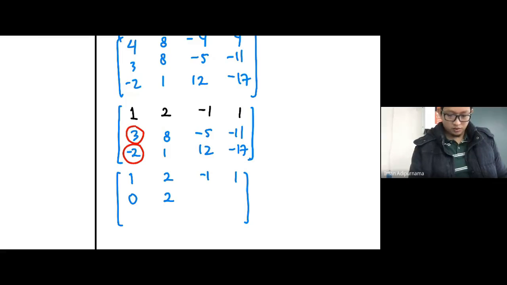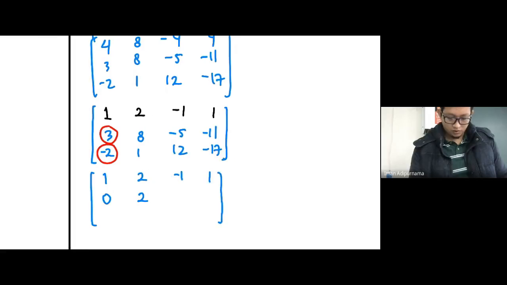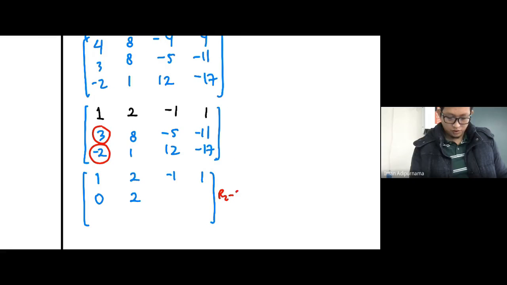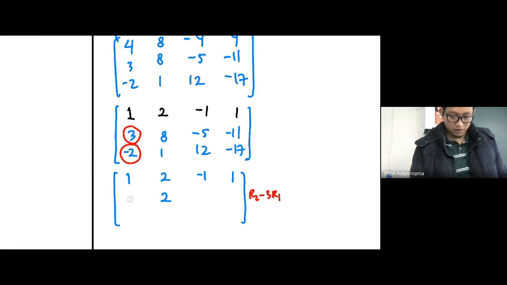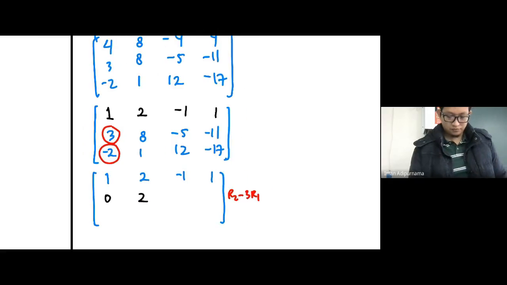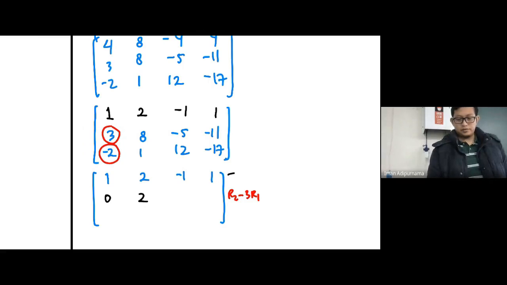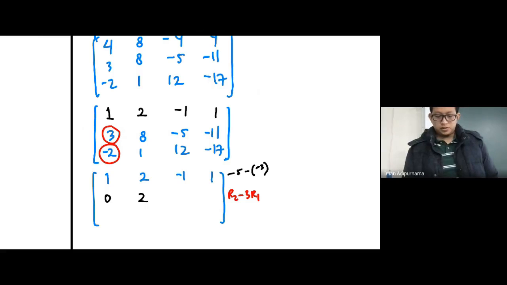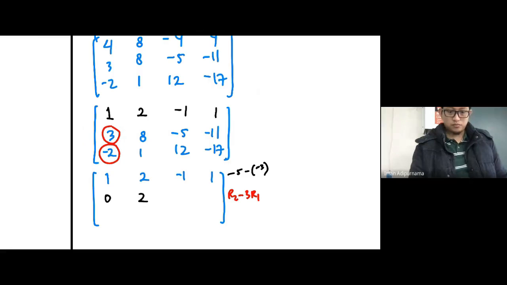So this is row 2 minus 3 row 1. Let me write in the black color. So 0, 2, negative 5 minus... 5 plus 3 is negative 2.